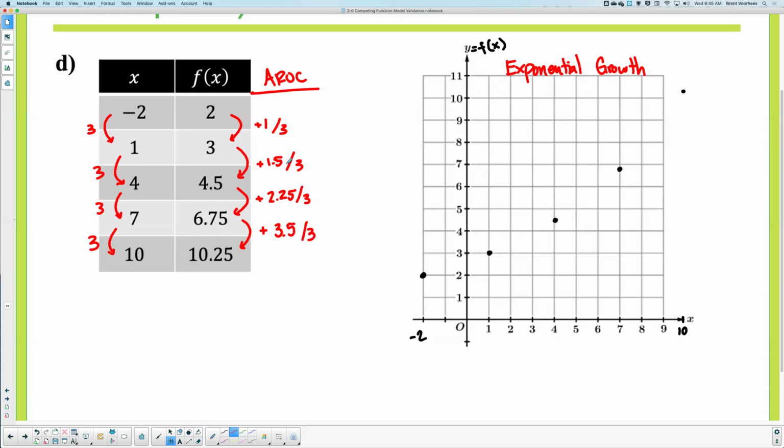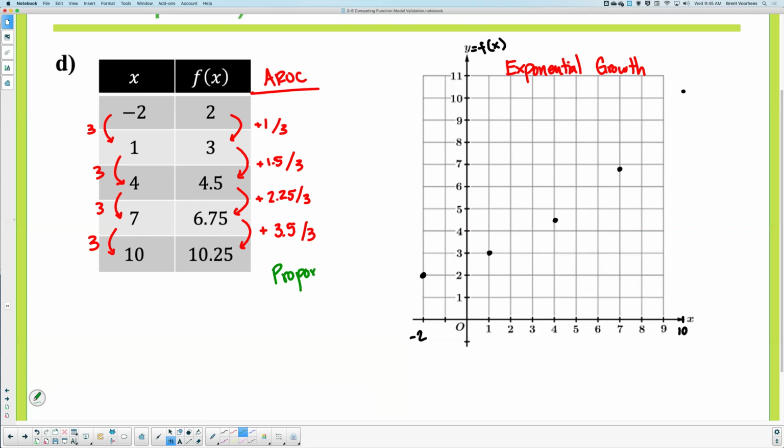Okay, so now we should really be able to tell. This increased by 0.5, by 0.75, by 1.25. Does that seem like it's increasing by adding the same amount each time? Does a delta y act like it's the same every time? No. That's why I would say this is a proportional change.